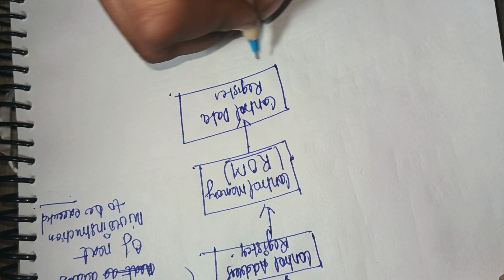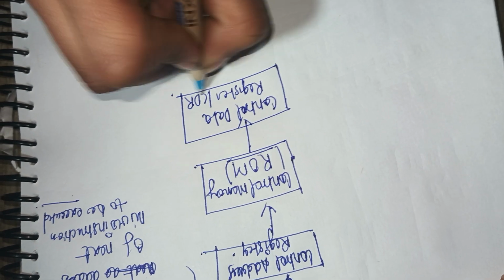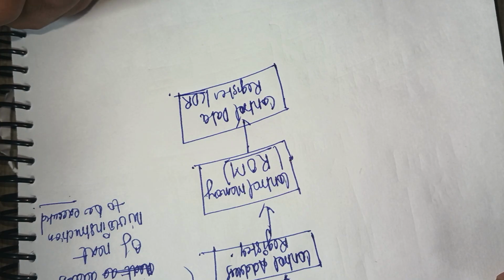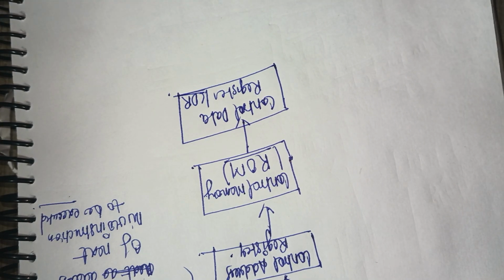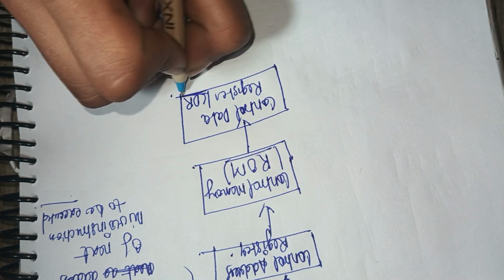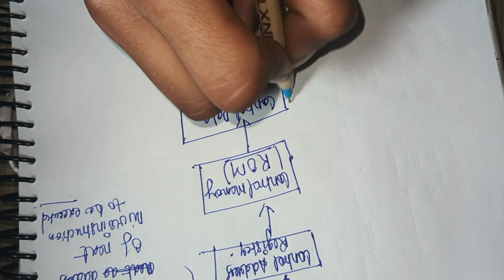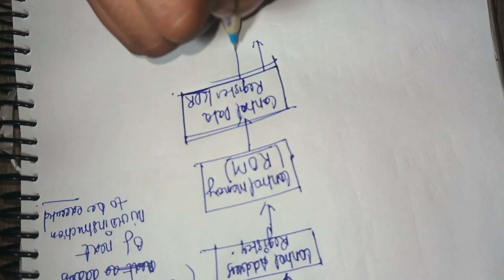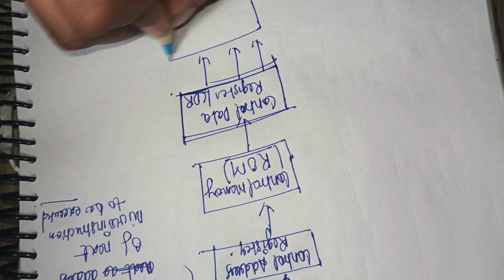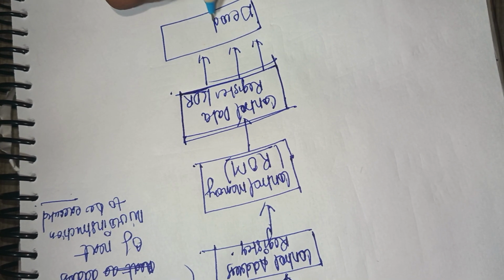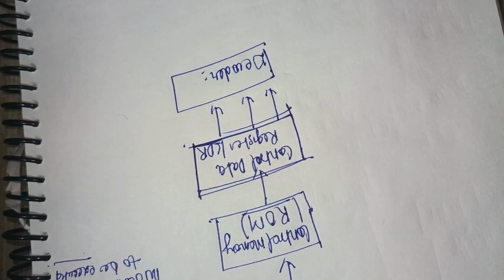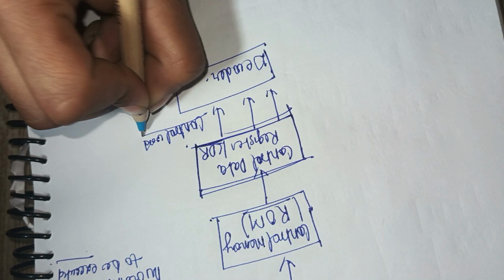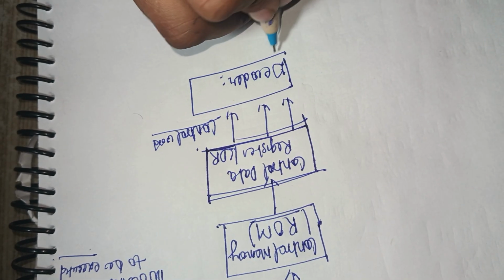Control data register, CDR, contains the micro instruction to be executed. Then the control word is passed through the decoder. The control word is decoded using a decoder.